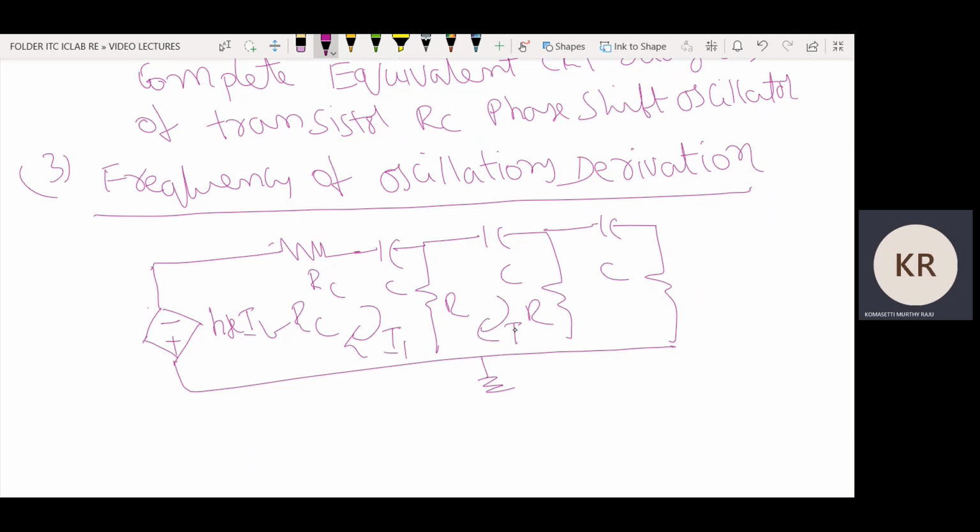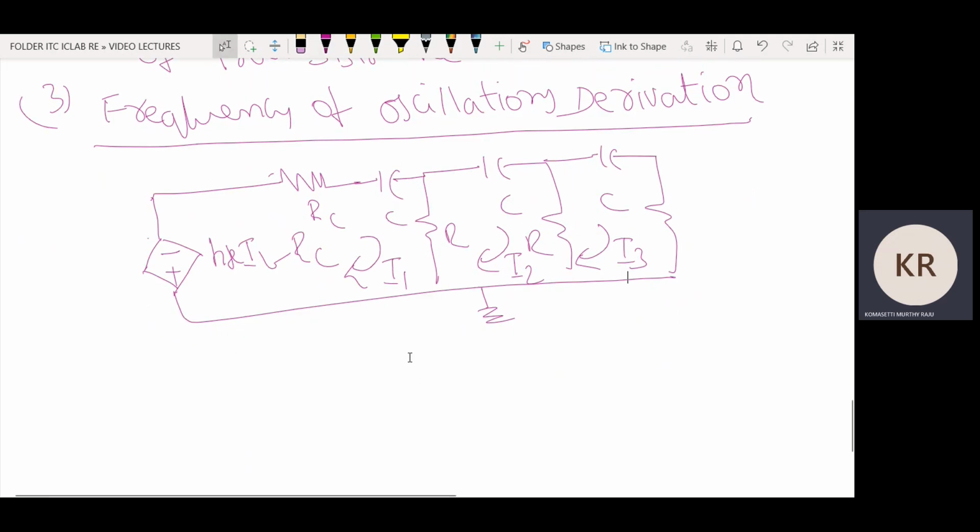I1 is the first loop current, I2 is the second loop current, and I3 is the third loop current. Now our loop gain, we are concentrating on loop gain AB is equal to output current by input current.